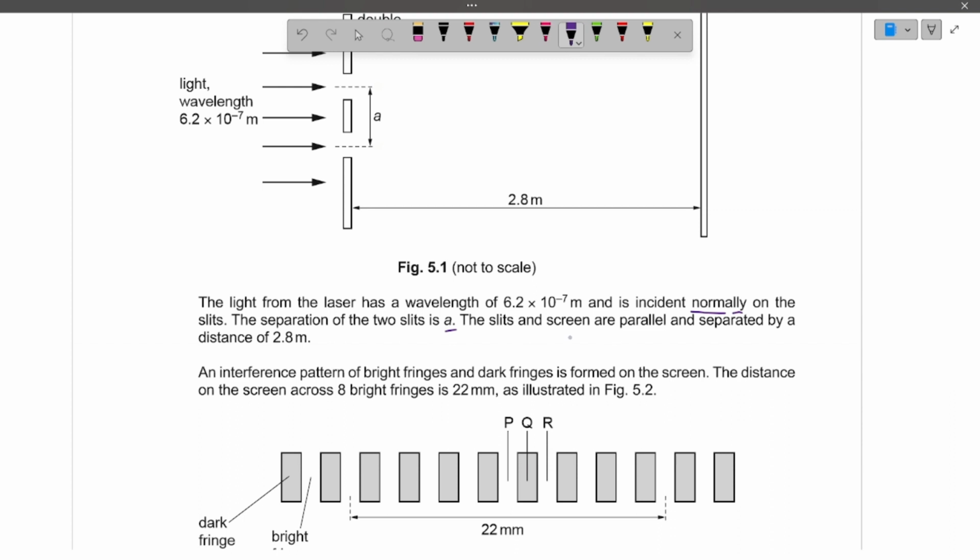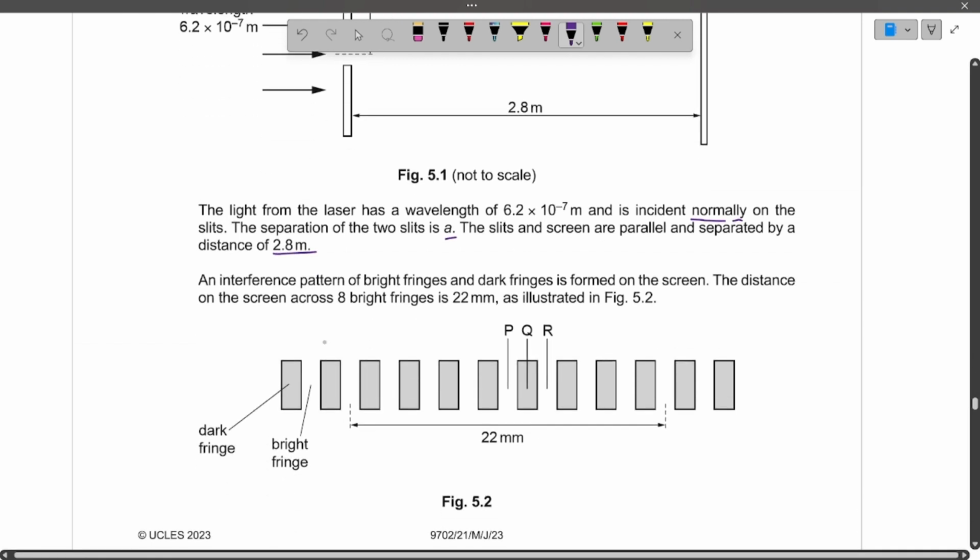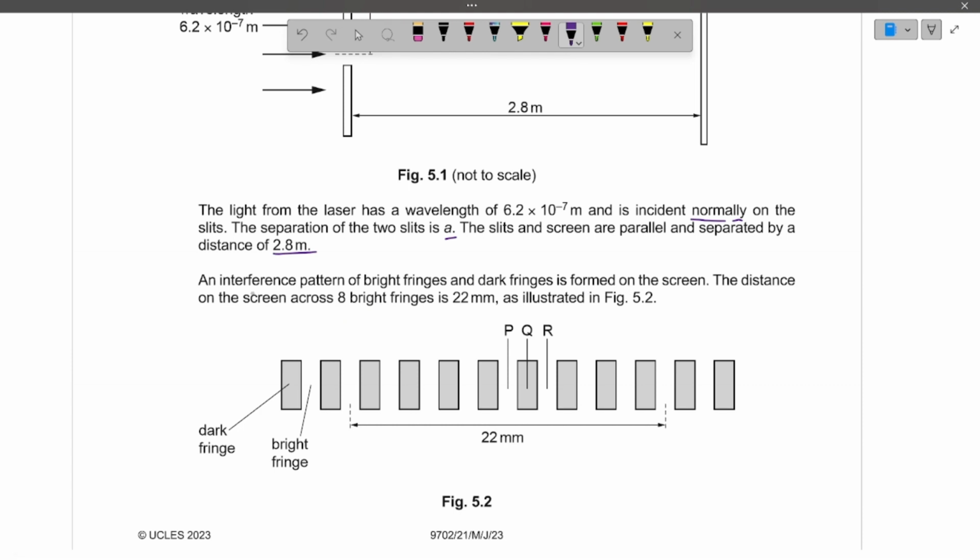The slits and screen are parallel and separated by a distance of 2.8 meter. An interference pattern of bright fringes and dark fringes is formed on the screen. The distance on the screen across 8 bright fringes is 22 millimeters.